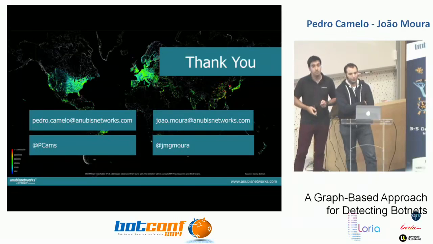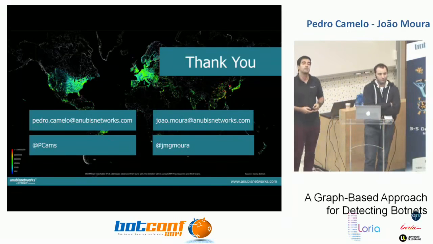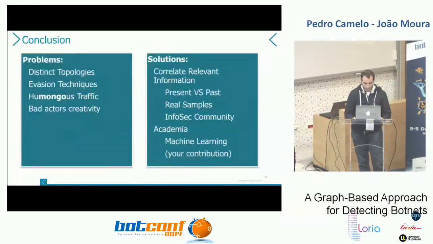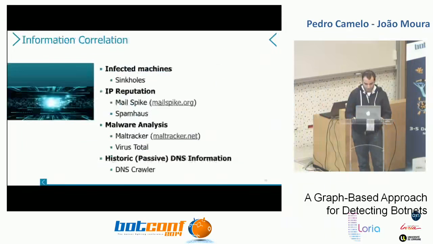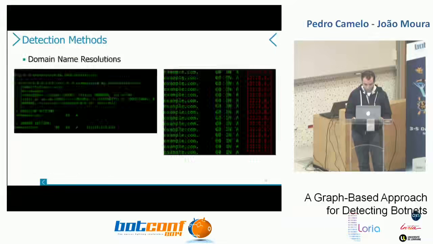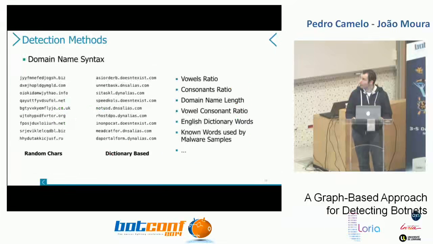Hi. I also have a machine learning background, so can you please tell us more about the features you use for the SVM, or the kernel you use? Some of the features are here. For the classifier, we use vowels ratio, consonant ratio, domain name, and all the features are based on the string of the domain name.